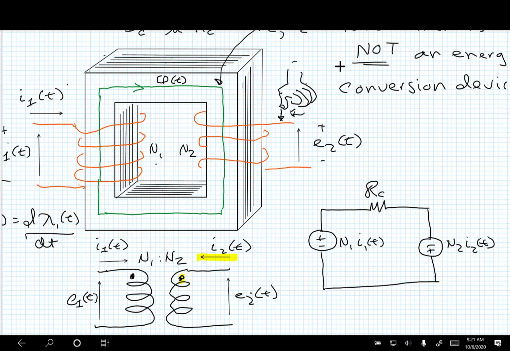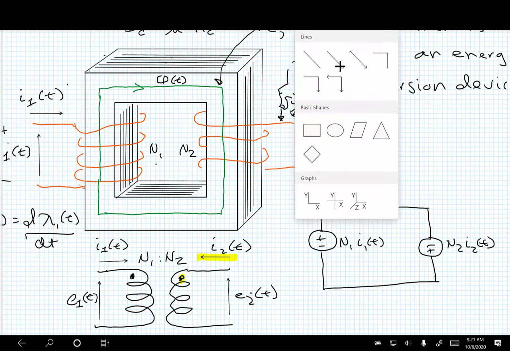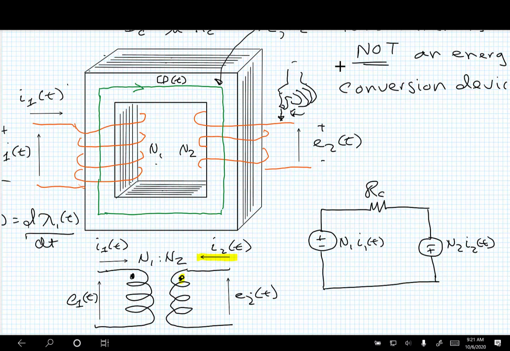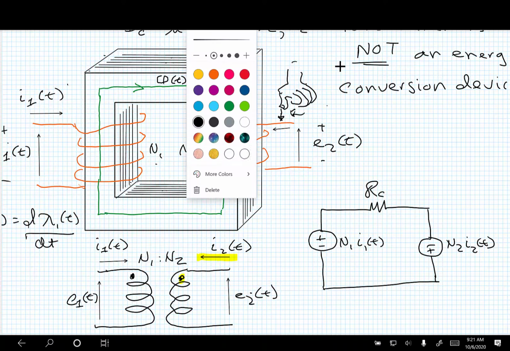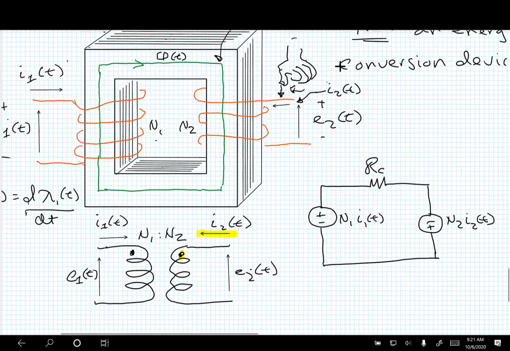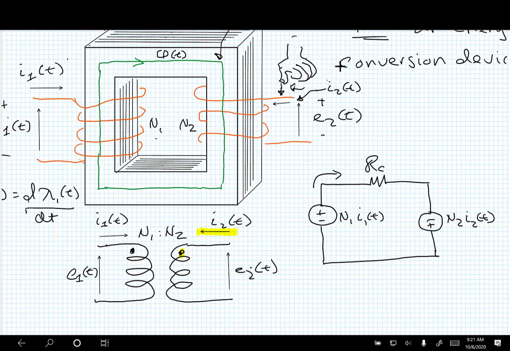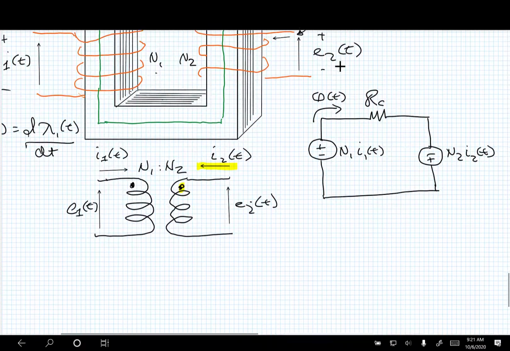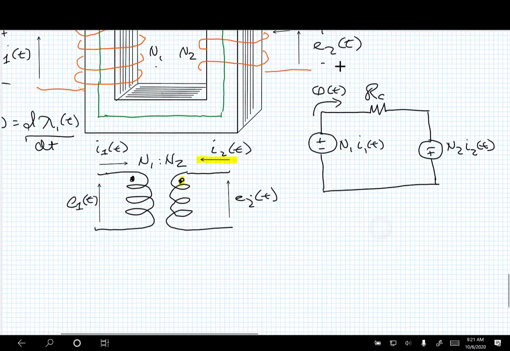So I believe what I'm saying now is that the current is flowing into the coil. Okay, so that's I2 of T right there. And then we have this AC flux in our magnetic circuit.